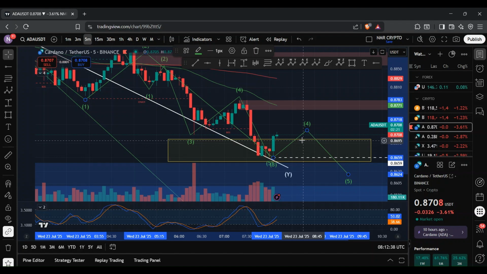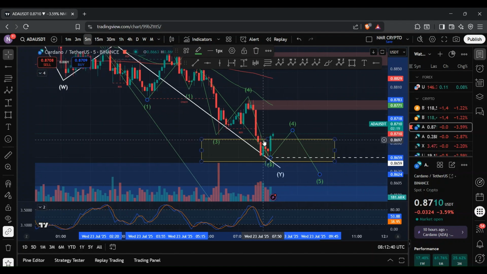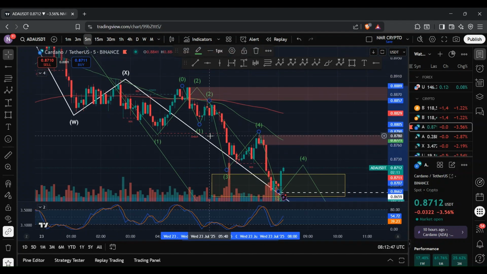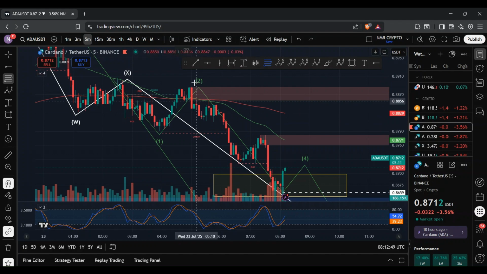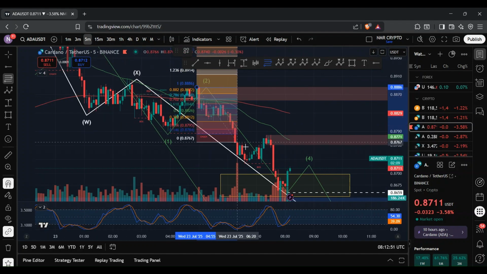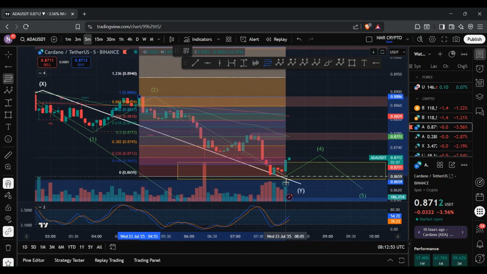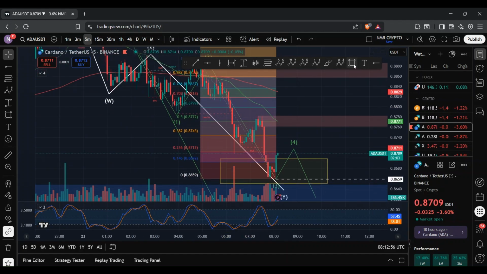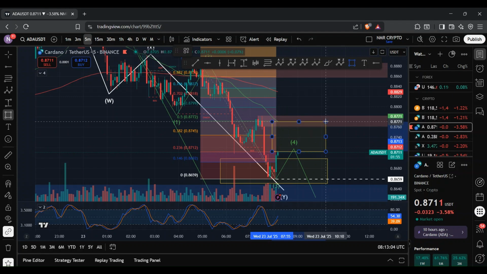And this 4th wave would typically retrace anywhere between 23.6% to 50% of the wave 3. So if I remove this and bring in this fib tool, so the next move for ADA would be for ADA to reach this region between 87.12 cents to 87.72 cents.